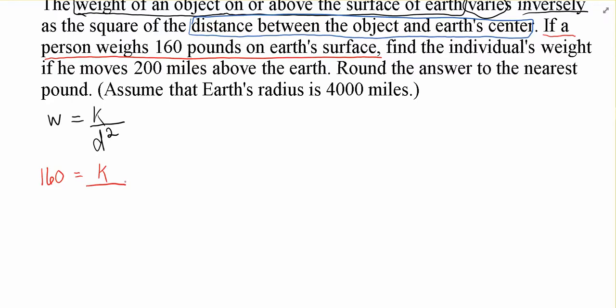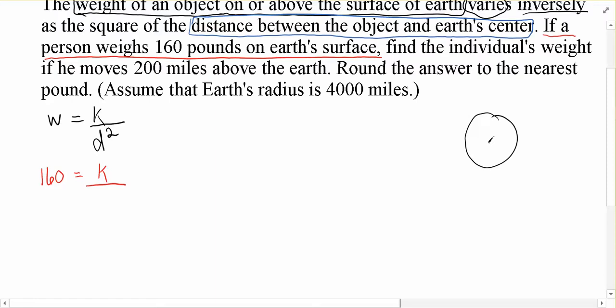It might help to draw a picture of what's going on. Here's the Earth. We're told that the radius of the Earth is 4,000 miles. So if we have a person standing on the surface of the Earth, they're 4,000 miles from the center. Oops, let me switch back to red ink just to keep this consistent. And don't forget that that value was squared.